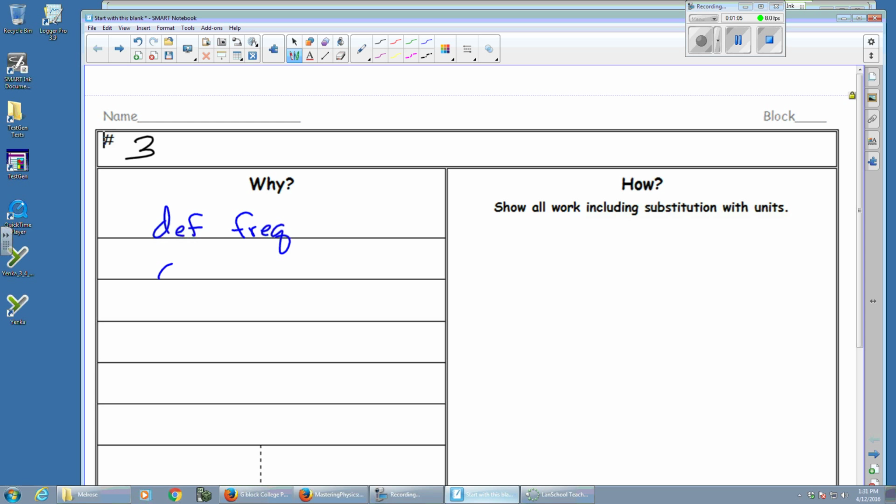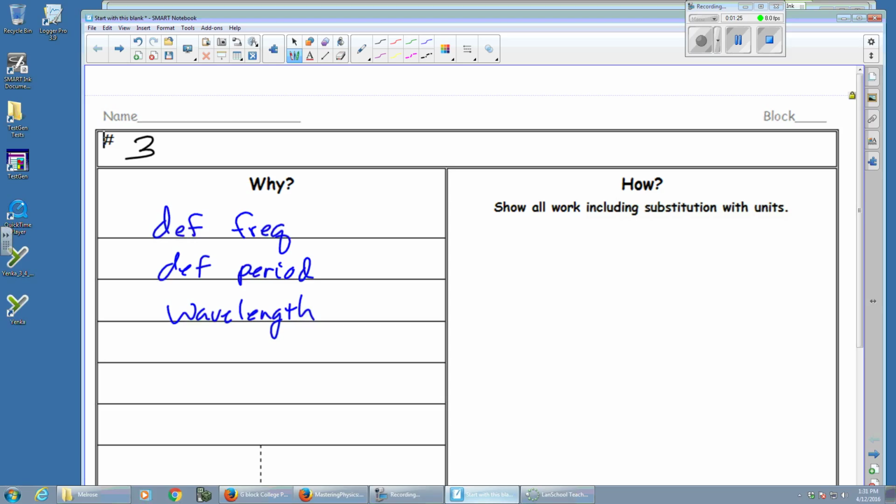Excellent. So you also defined period. Did anyone define wavelength? That's the other concept that's in here, right? Yeah, just showing that you understood the parts of the wave.